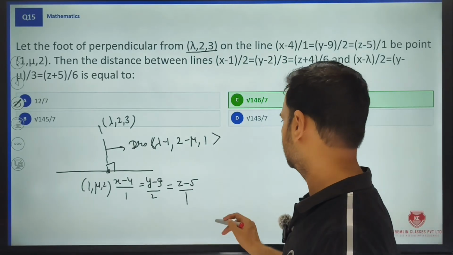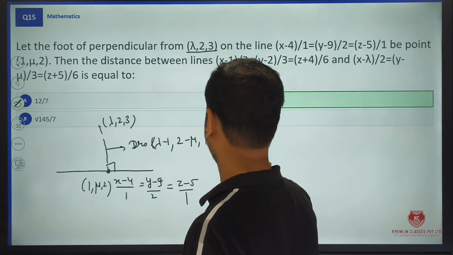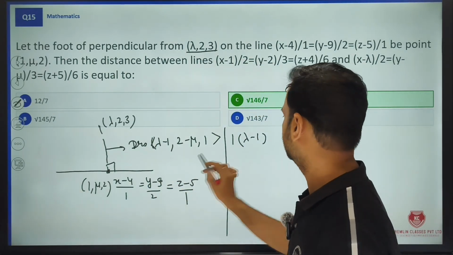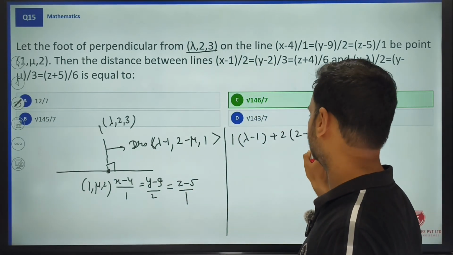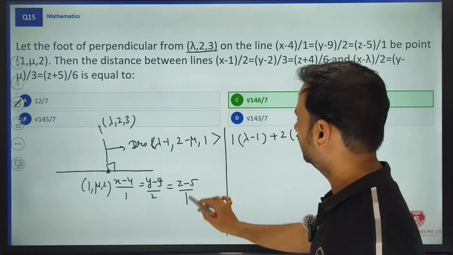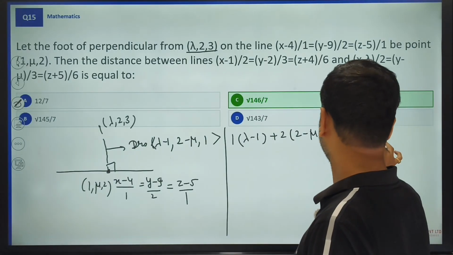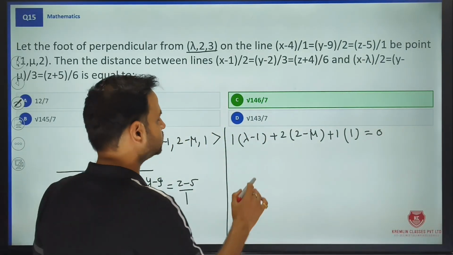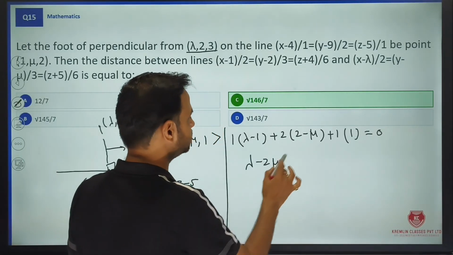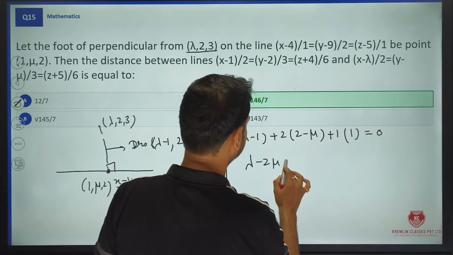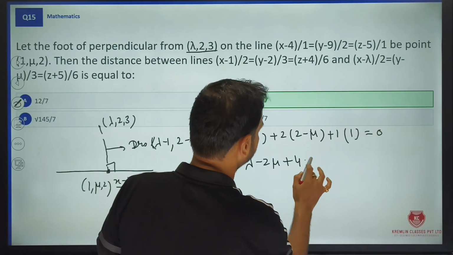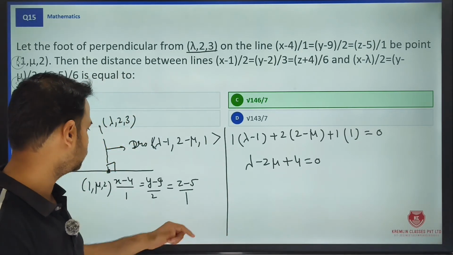So lambda minus 1 times 1, plus 2 minus nu times 2, plus 1 times 1 equals 0. The equation comes out to be lambda minus 2 nu equals 4. This is basically the equation of lambda and nu.